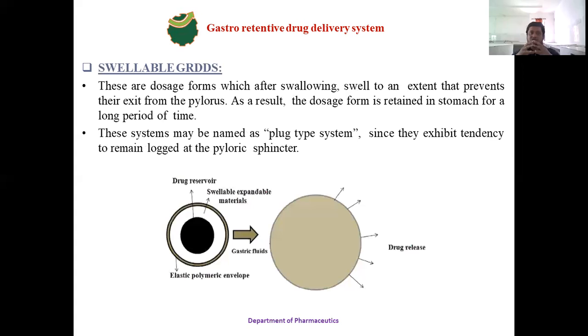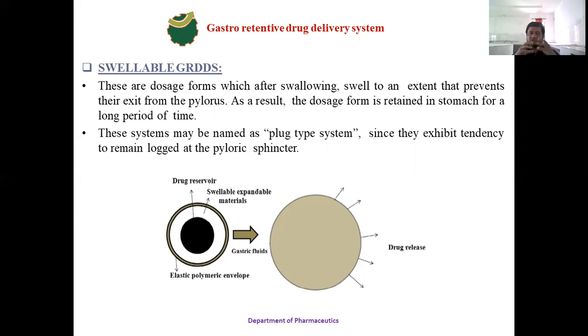Coming to the next one, or last one, it is called swellable GRDDS. Swellable GRDDS is very simple. We use a particular type of polymer which will swell or enlarge in the presence of gastric fluid.